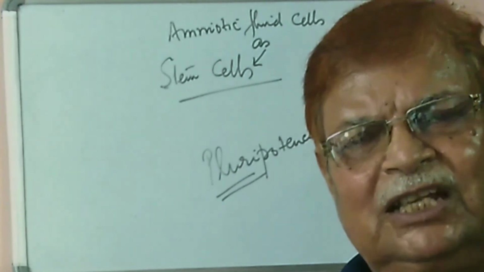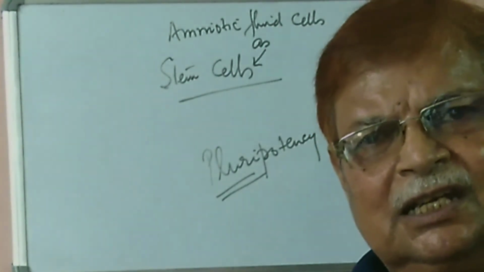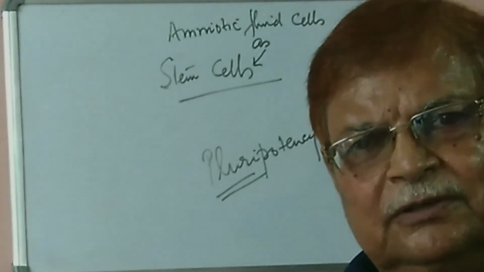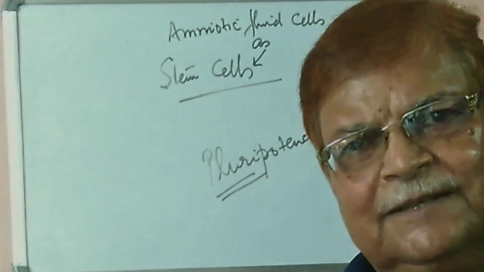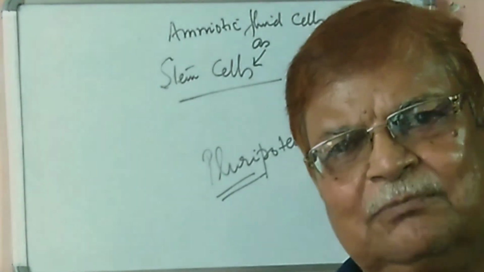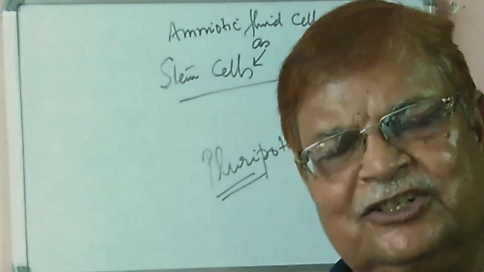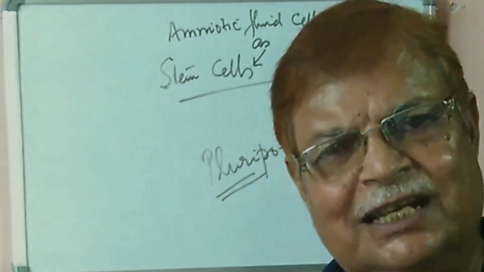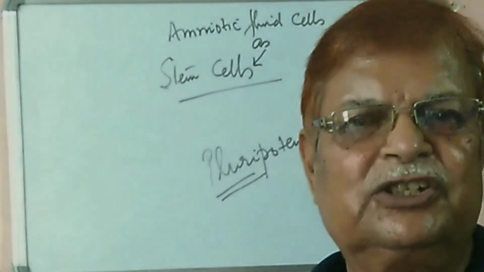So in stem cell therapy, these cells can be used, they can be stored in liquid nitrogen, that is cryopreservation at minus 192 degrees Celsius. These cells can be stored for futuristic use.